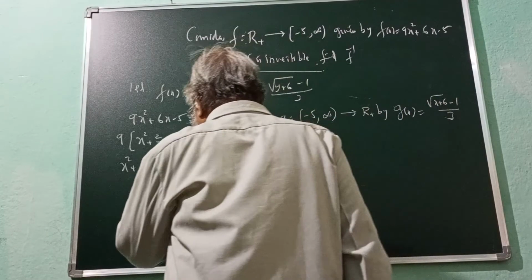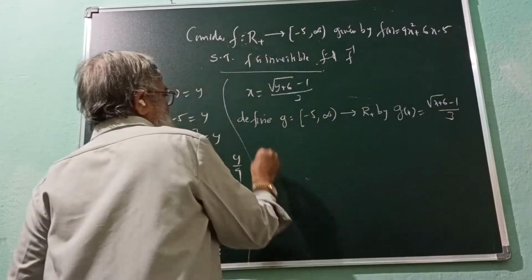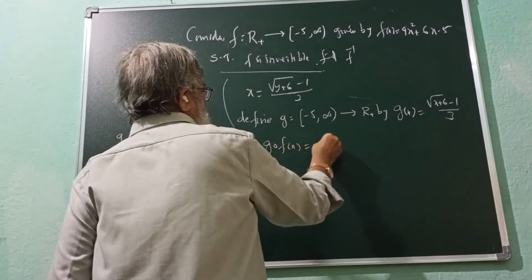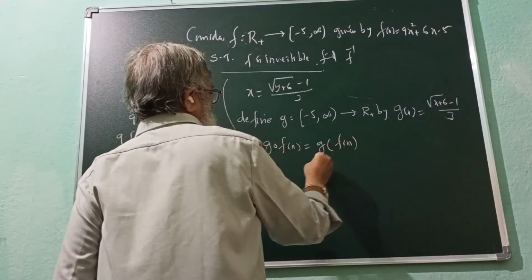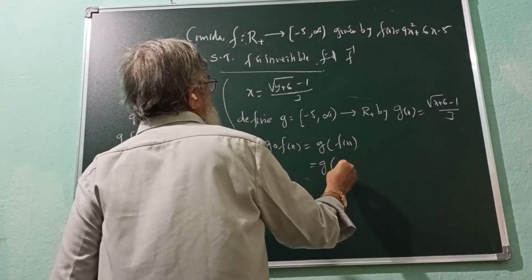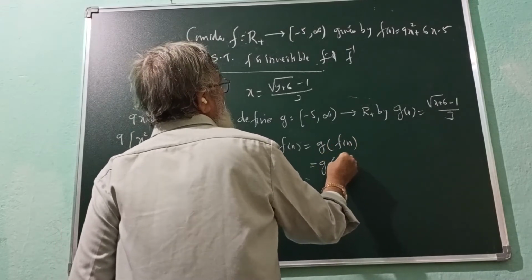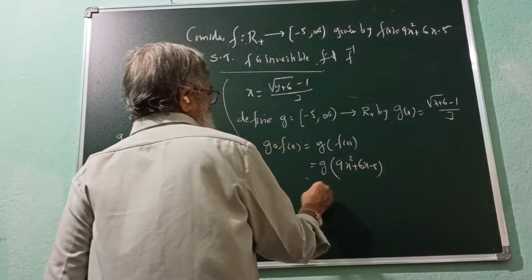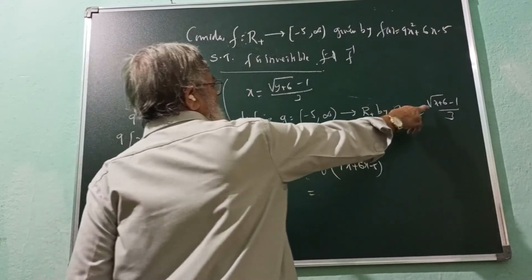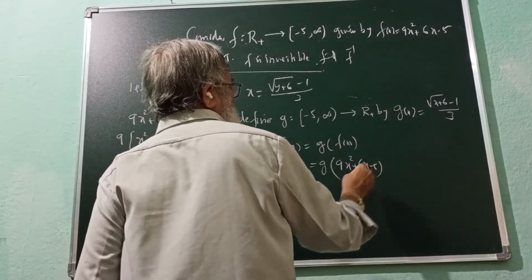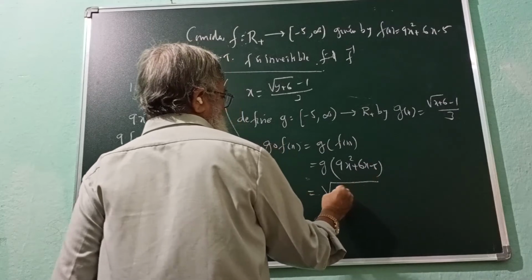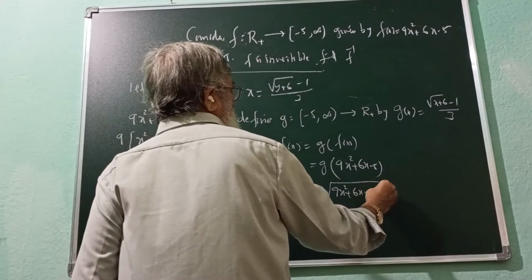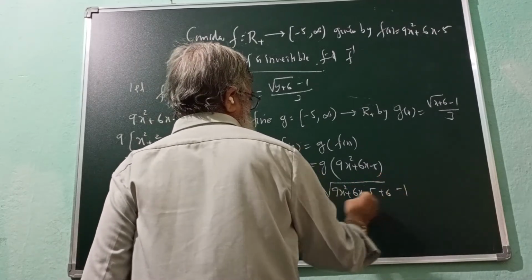Now, let us try g composition f of x, that is g of f of x. f of x is given by 9x square plus 6x minus 5. Now we have to apply g on that. For this, in place of x we have to write this: under root 9x square plus 6x minus 5 plus 6, minus 1 by 3.